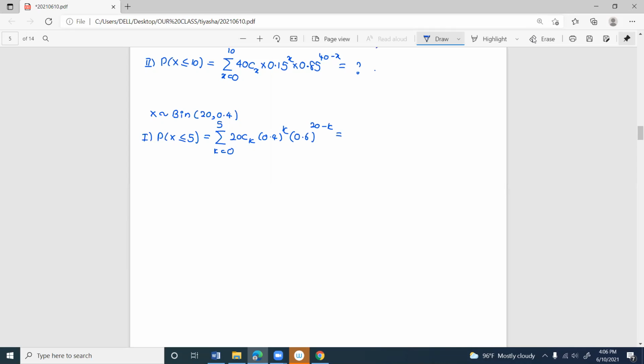You can use the calculator to get these answers. So you can say summation k goes from 0 to 5, 20 C k into 0.4 to the power k, into 0.6 to the power 20 minus k.